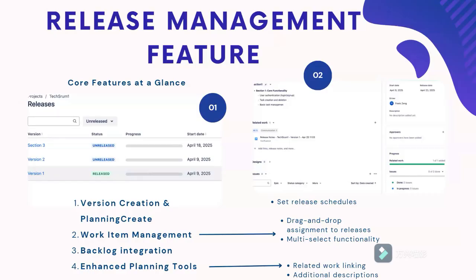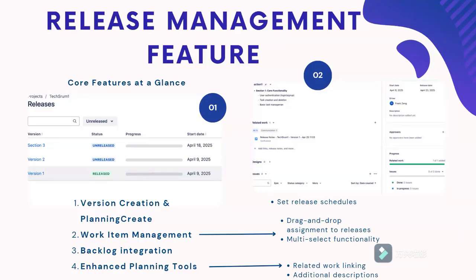On the left interface, you can see the version list displaying multiple releases from version 3 to version 1, each with clear status and progress indicators. The right side shows the version details, including specific information and associated work items.